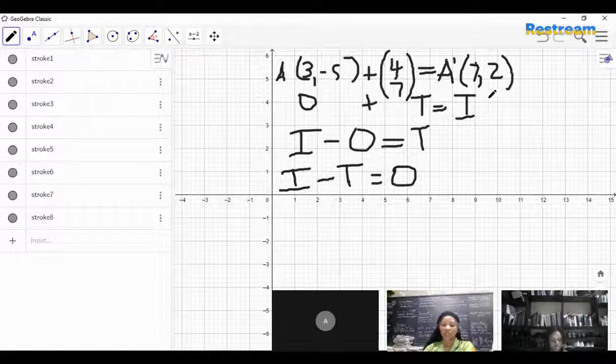Follow? So this part of it now is just basic algebra, transposing. Depending on which ones you're given and which one you want, you transpose, right? So let's do a couple of those.